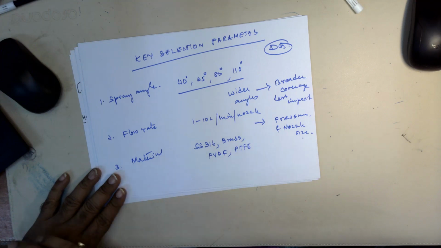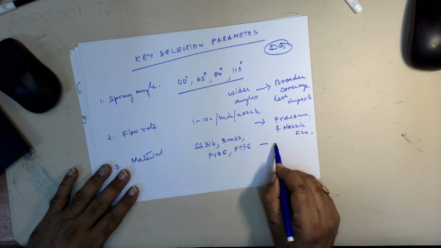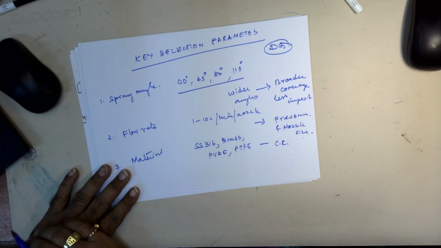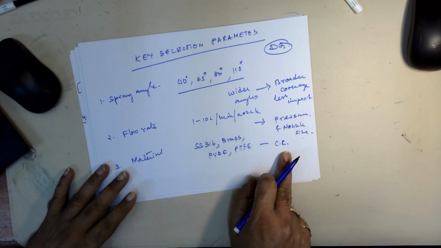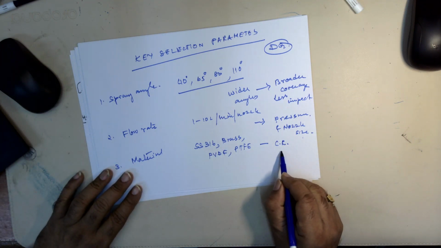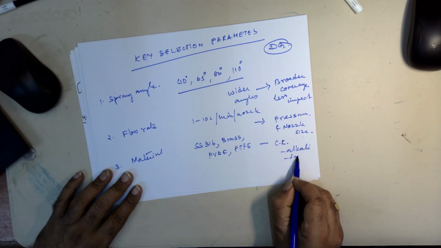So these things can be used. Especially this kind of nozzles should be corrosion resistant, and you should not develop any alkaline corrosion also. It should be resistant to alkali and some of the surfactant.